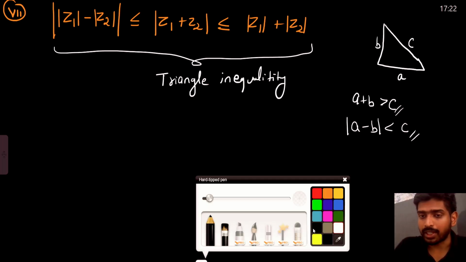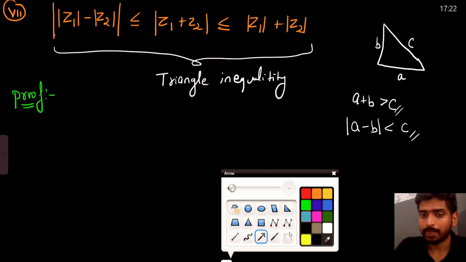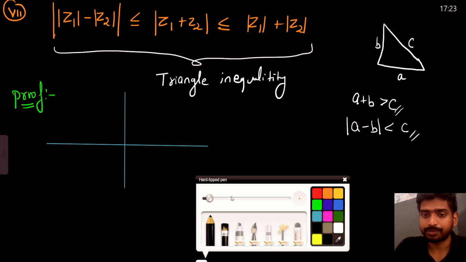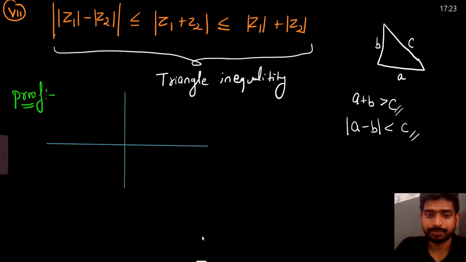So we'll start the proof. Again, we'll prove by vectors only. So we'll see the proof of this property. Draw the position vector of z1. Suppose z1 is here. z2 coordinate is here.